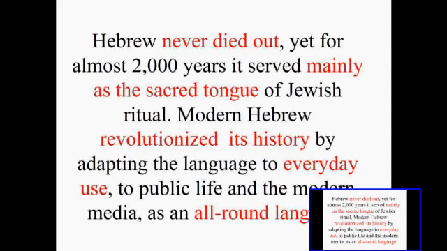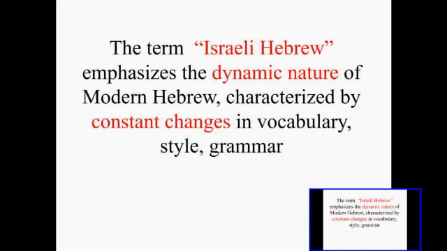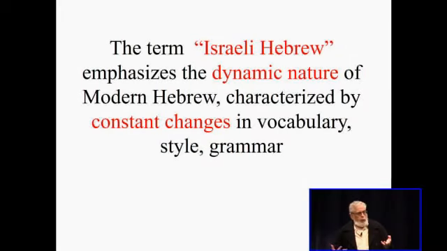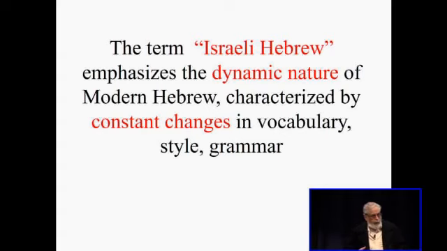I just have to say that today modern Hebrew is a fourth layer, which is still growing and living. Some years ago, in the 50s, there was a new term we use today, and this is the most accurate term to understand what's happening. We call it Israeli Hebrew.